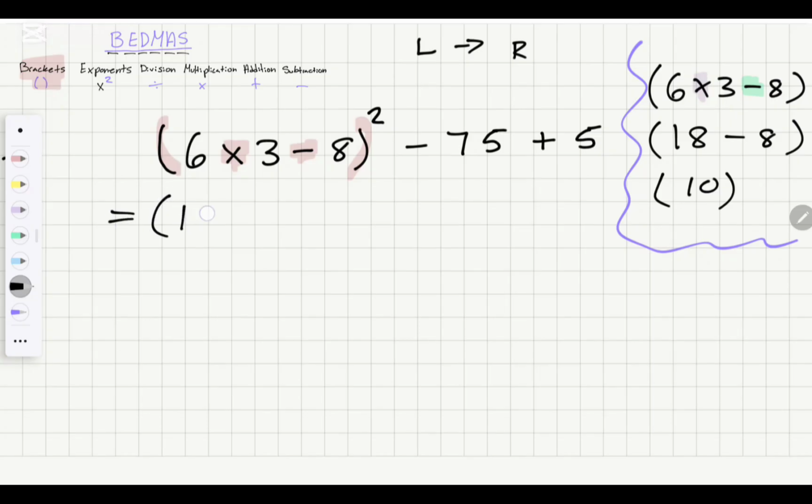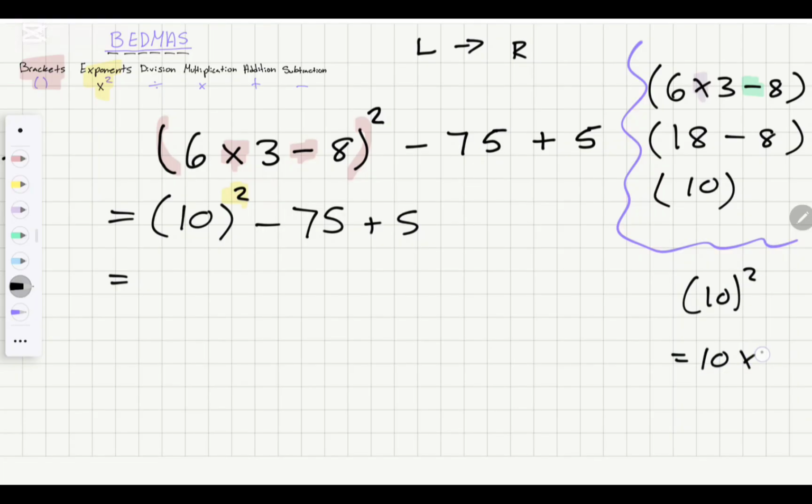It's going to look like 10 to the power of 2 minus 75 plus 5. Alright, next is exponents. Do we have any exponents? Yes, we do, right here. So 10 times 10, because remember, this 10 to the power of 2 is saying 10 times 10. 10 times 10 is 100.